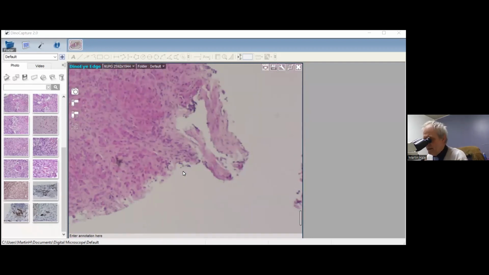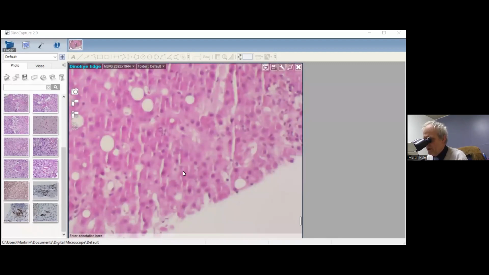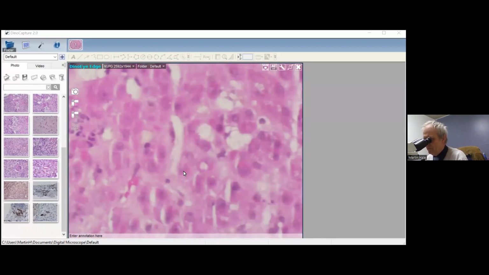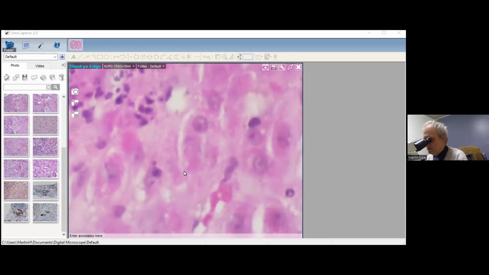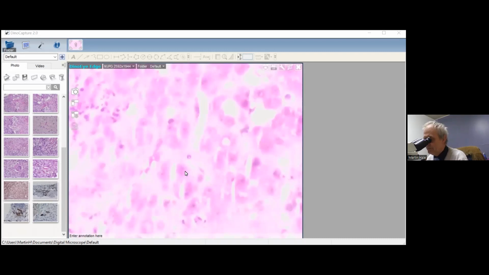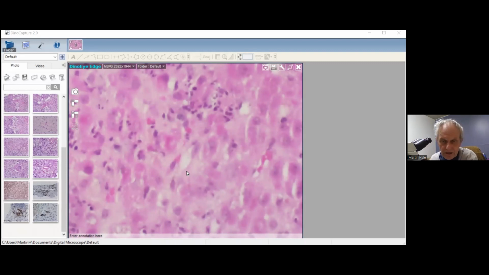So now let's look at the activity. We're looking for Mallory-Denk bodies and we're looking for neutrophils. When you go down and have a look, you can see that you've got both components literally in the first field that we come to. Absolutely no problems in finding them. There you've got hepatocytes, 1, 2, 3, 4 cells straight away with Mallory-Denk bodies, these big eosinophilic rope-like inclusions, and you can see the neutrophils as well.